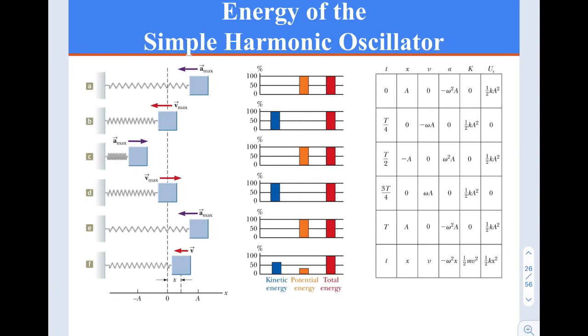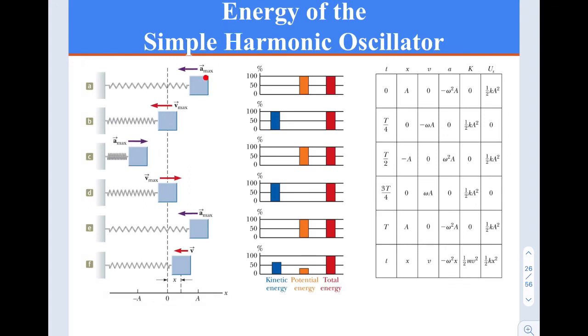So now this is the analysis of the energy of the simple harmonic oscillator, where we have a mass spring system. At this instant, let's say the block is displaced from the equilibrium position x equivalent to 0 to the right, reaching positive A. At this instant, we are going to release the block.